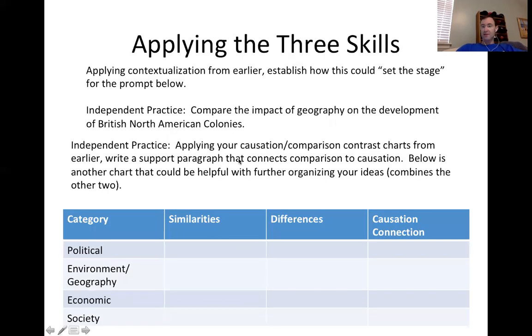Now it is suggested on this slide, and this is one of the last ones we'll look at, for you to think about the 3 thinking skills from today's brief lesson and how you could use all 3 of those to start to plan.